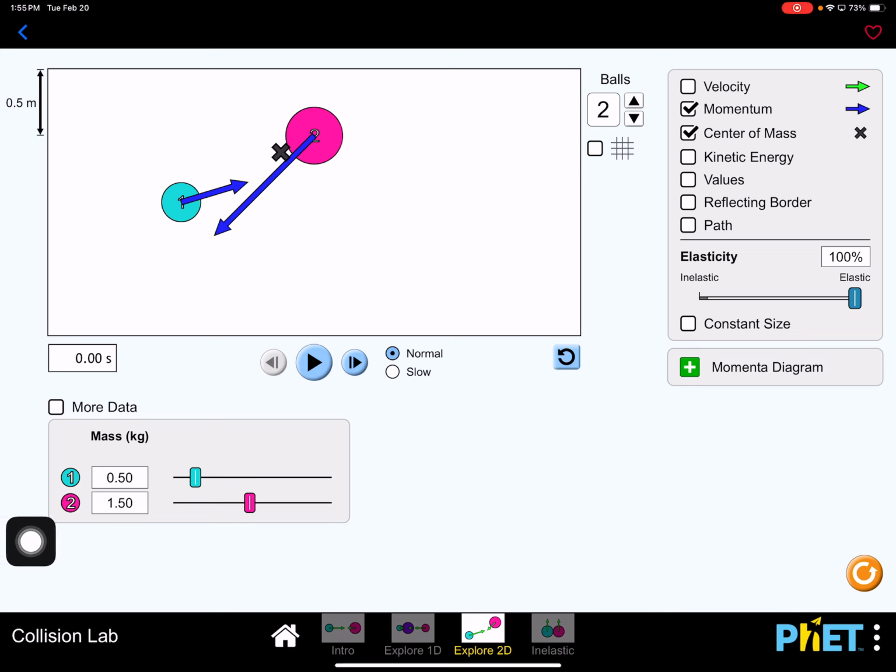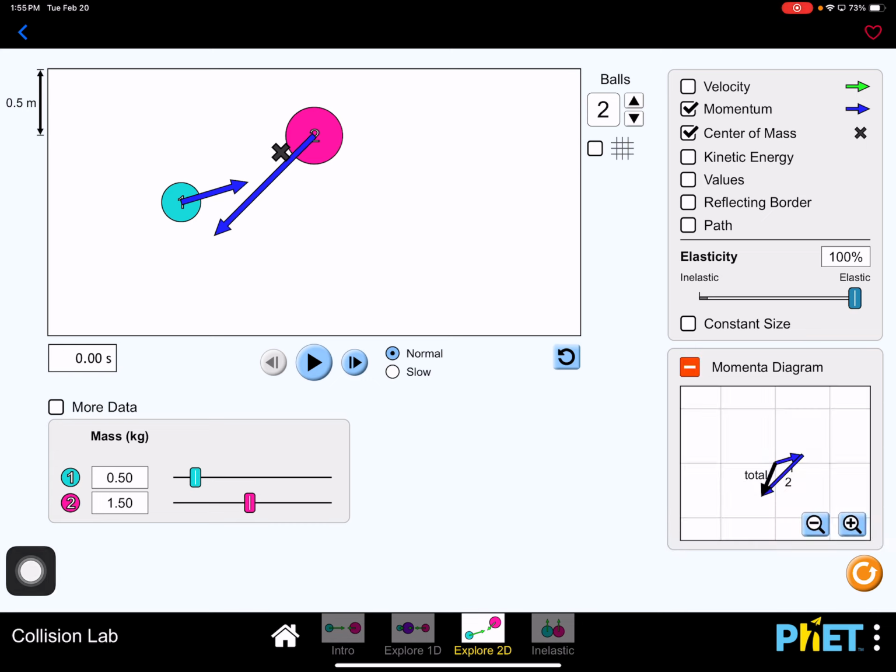Elasticity. Okay, so watch for this crosshair. That's the center of mass. I'll make these objects collide. And again, here's the total momentum. In this collision, of course, no matter what you do, momentum will be conserved. The total momentum will be conserved.